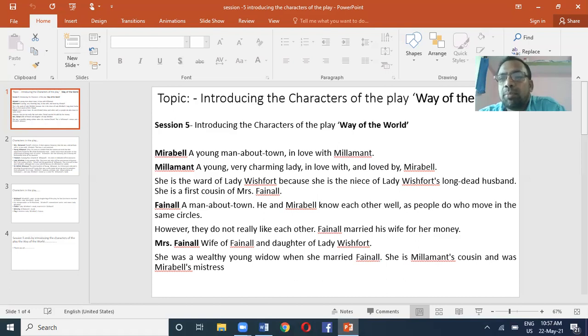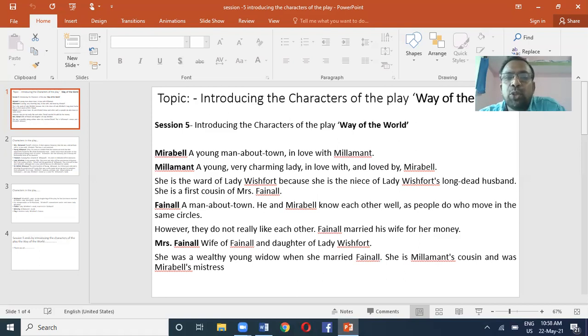With the love scene, the play begins. Now it is quite clear for you that Mirabel and Millamant both are lovers. With their love, the play begins. With the marriage, the play ends. Keep it in mind. And Millamant, as I told you, the young, very charming lady, is in love with Mirabel and loved by Mirabel.